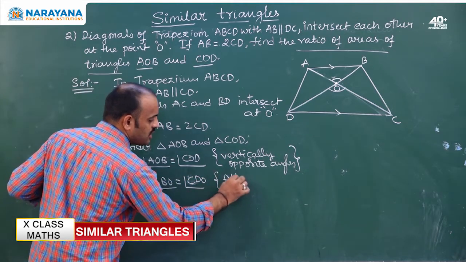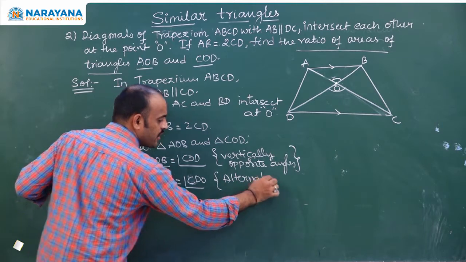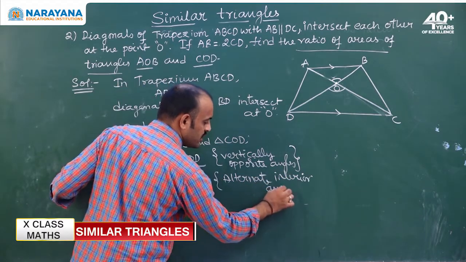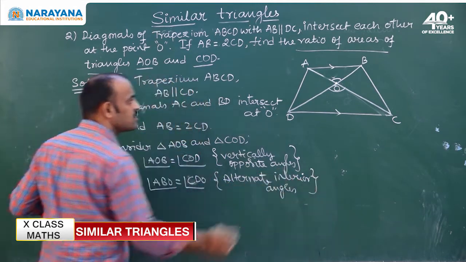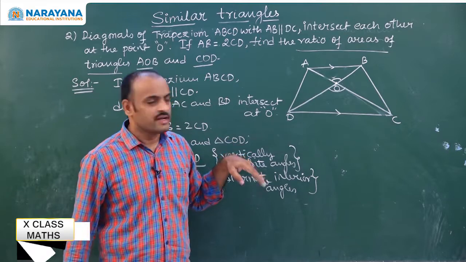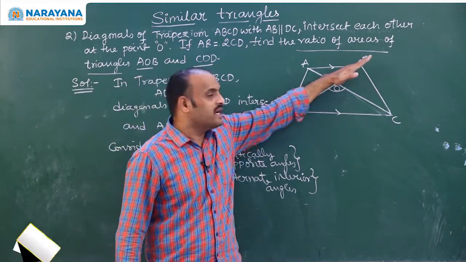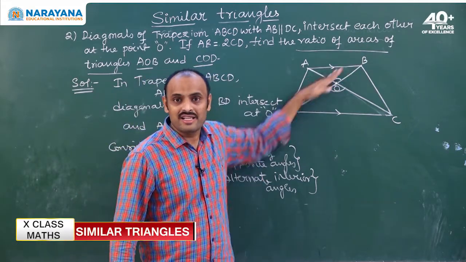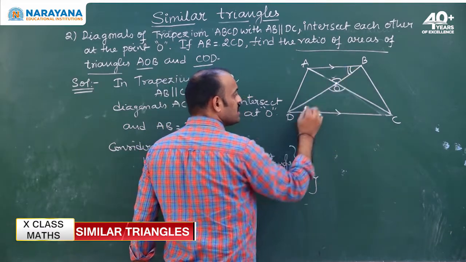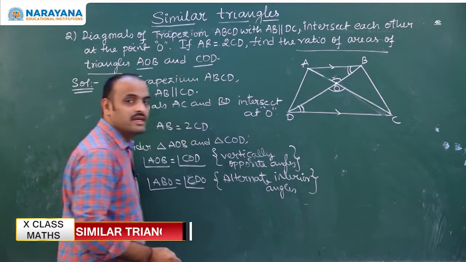Reason? Alternate interior angles. See that AB is parallel to CD, that is given. Here BD acts as transversal. Therefore, the angle here and the angle here are equal.